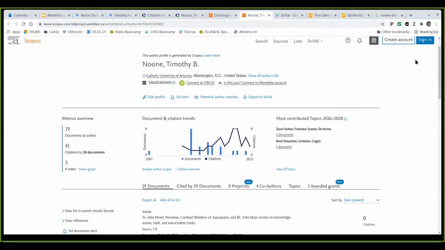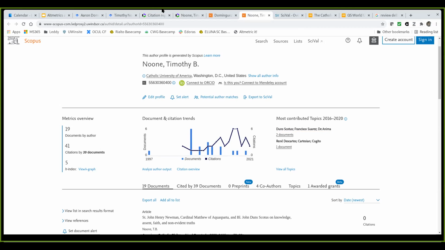And since then, it's branched out to include more of the social sciences and even starting to include indexing humanities journals. But really, it does the best representation in STEM disciplines still.